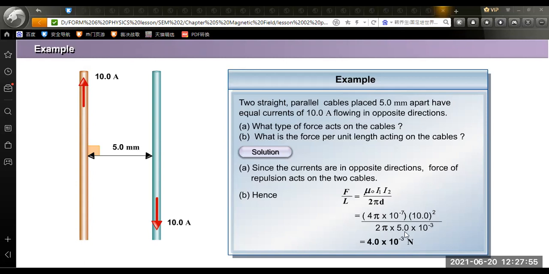The separation distance d will be 5 times 10 to the power -3 meter. So we get that the force produced between the two conductors will be 4 times 10 to the power -3 Newton per meter.